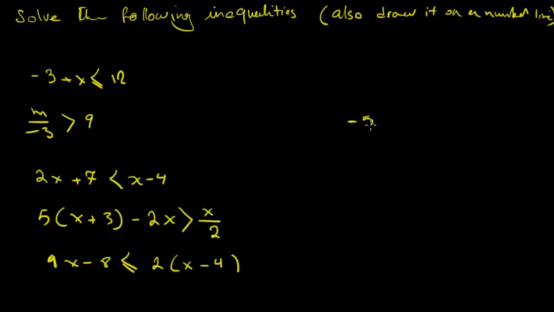Minus 5 plus 4x is 2x minus 1. x over 5 minus 5 less than or equal to minus 4. I think we are done with inequalities for now.